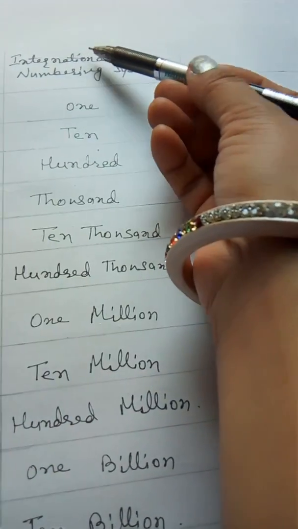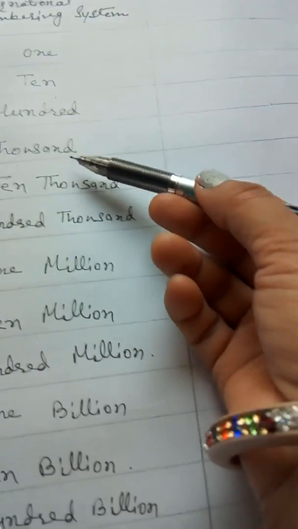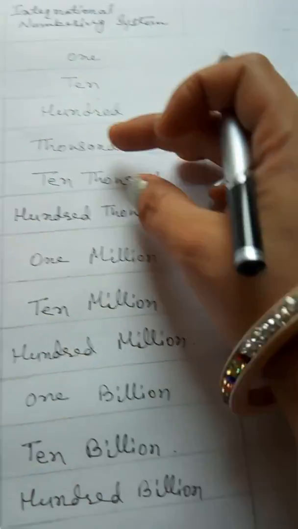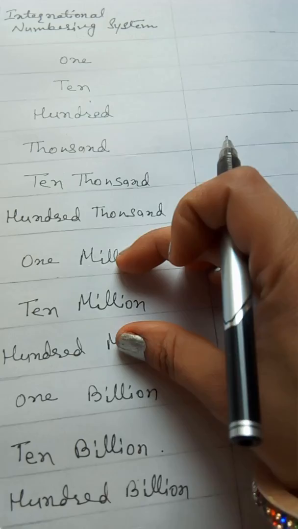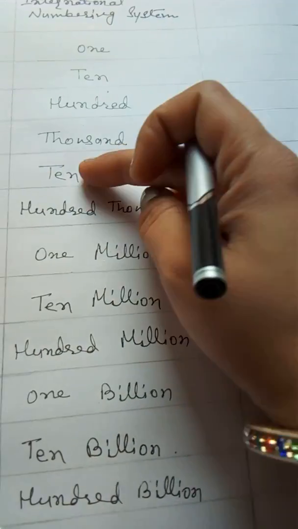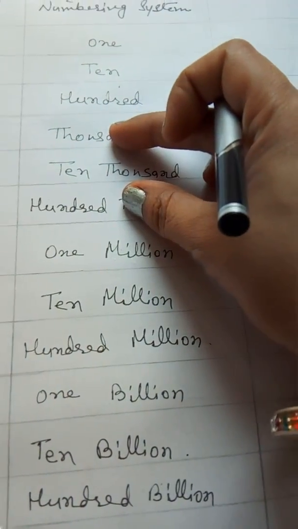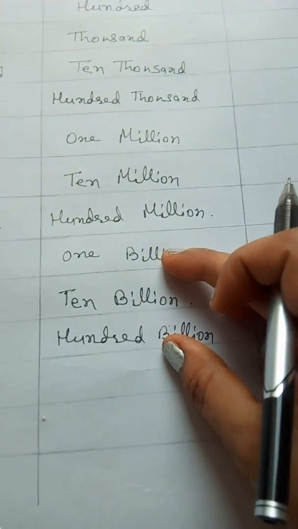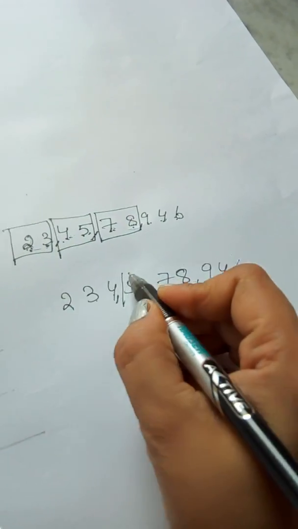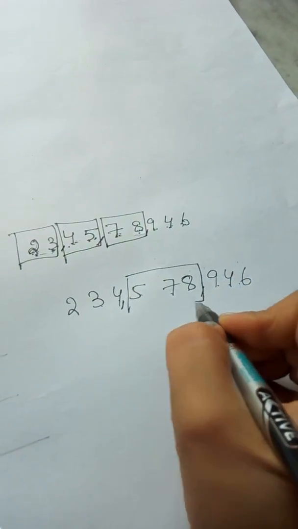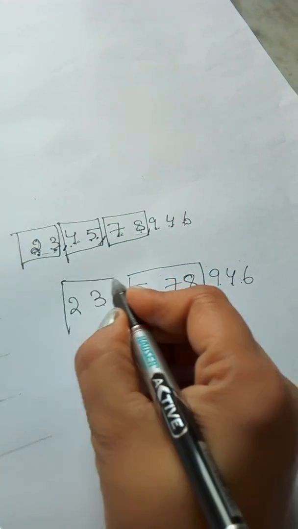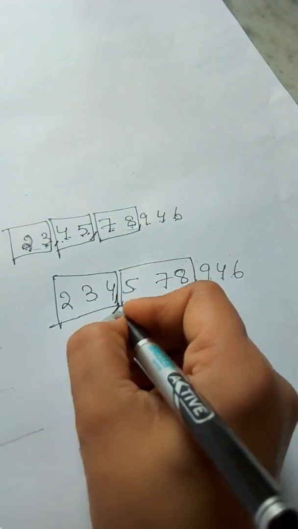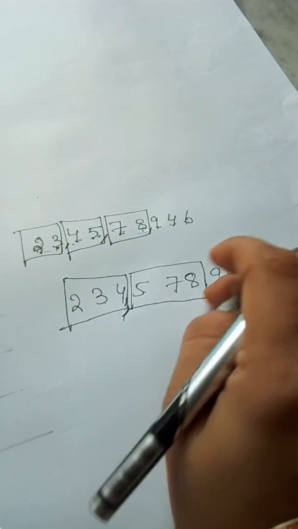Because according to the international numbering system, after hundreds the number name changes every three places: thousand, ten thousand and hundred thousand, three places, then million, three places, and then billion, three places. So we separate each group with a comma and make it a whole unit.